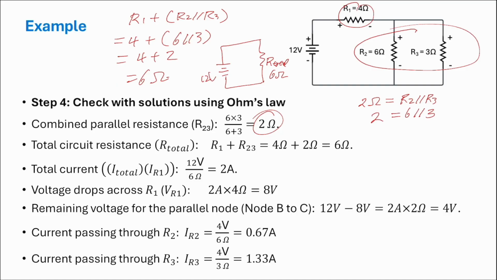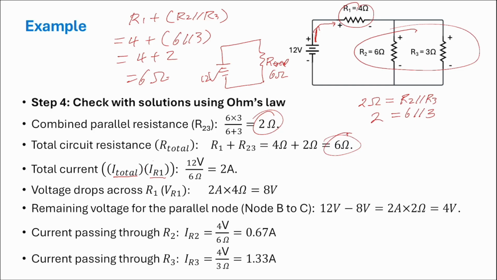This is 12 volt. The total current is equal to, now the total current is the same as the current passing through R1. I hope you can identify this, because this is the total current. There's no splitting, so when the current leaves the positive terminal of the battery, it's exactly the same when it enters or passes through R1.